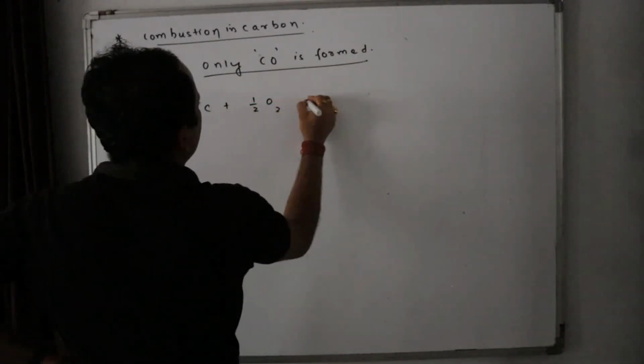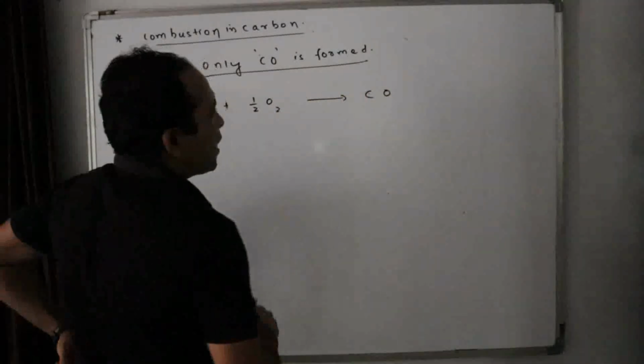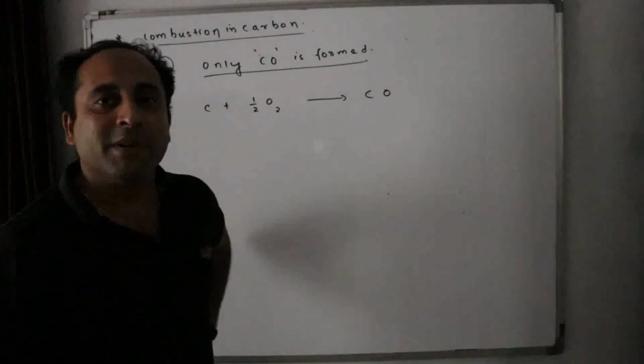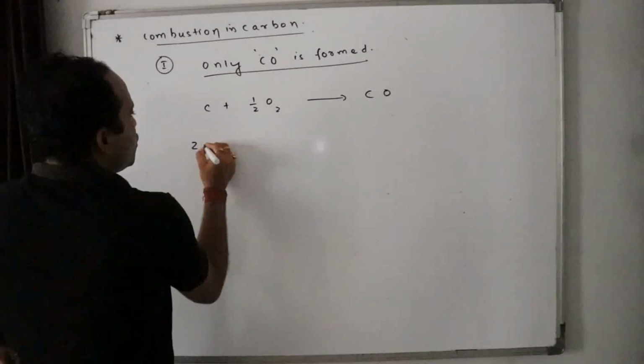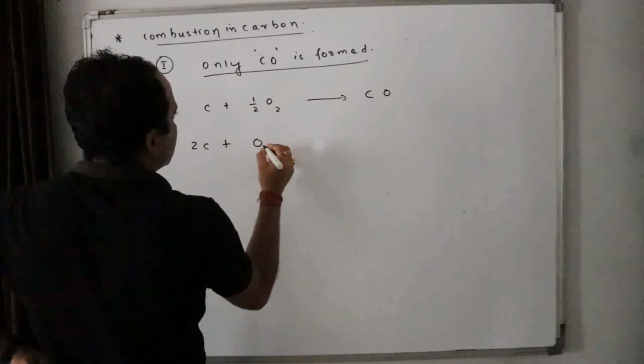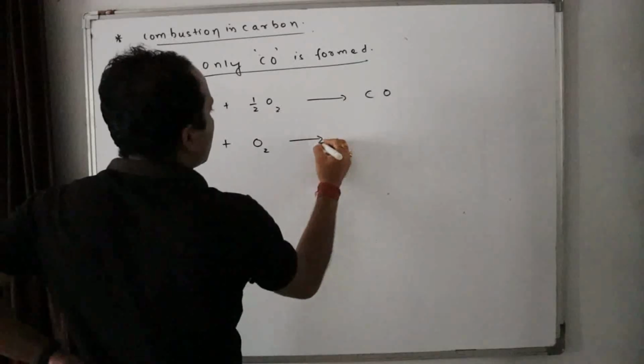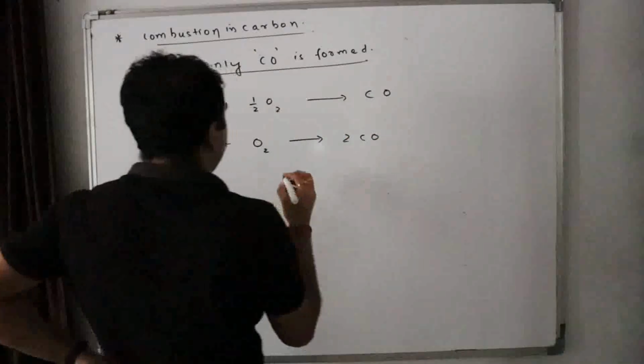Carbon plus half O2 gives rise to carbon monoxide. Or I can say 2C plus O2 gives rise to 2CO.